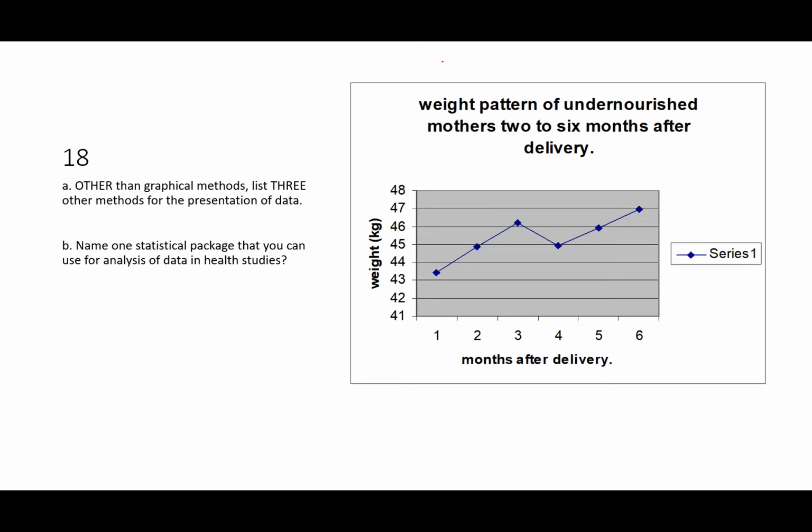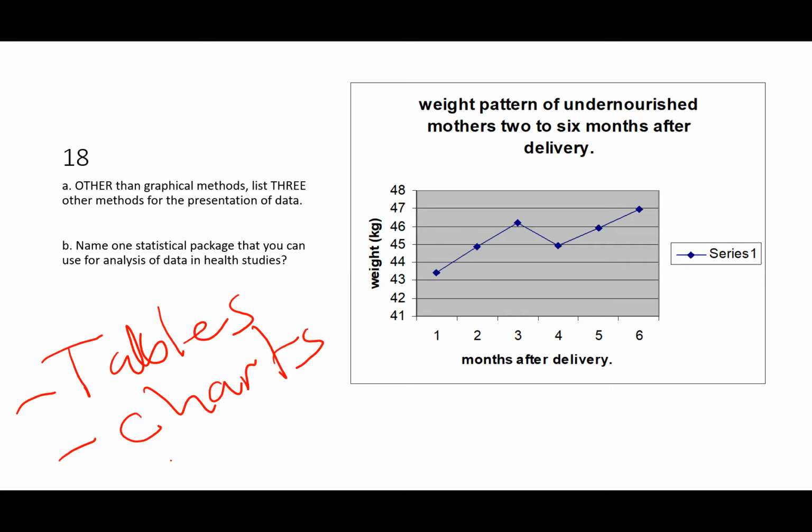So aside from using this, what other methods can you use? Okay, this is a scatter diagram. Later it is now plotted. You can use other methods of data representation. You can use tables, you can use charts. When you see a question like this, it's about data representation. You can use numbers.